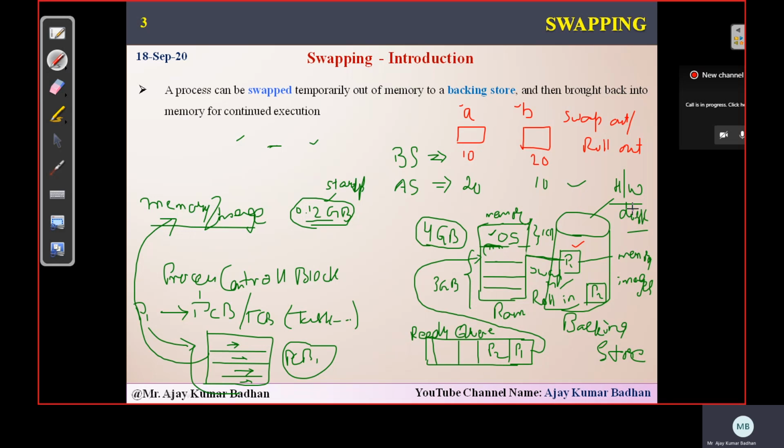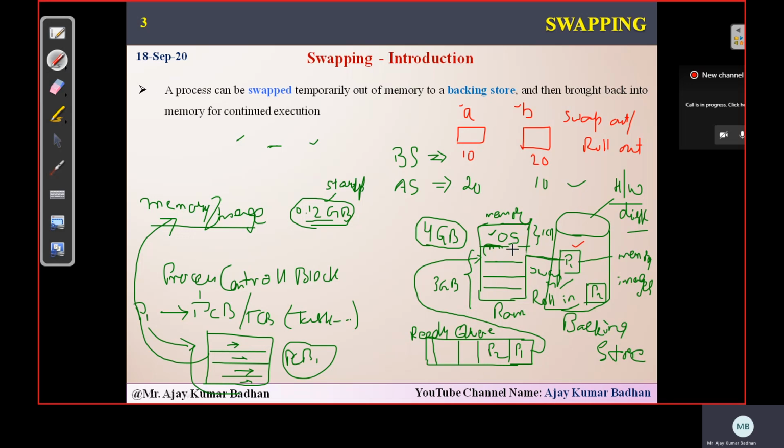So remember, whenever you are bringing the memory image of one process into the main memory for execution, we call it swapping. And whenever the process executes, or it might have been interrupted or is waiting for something else, then that particular process is removed from the memory.